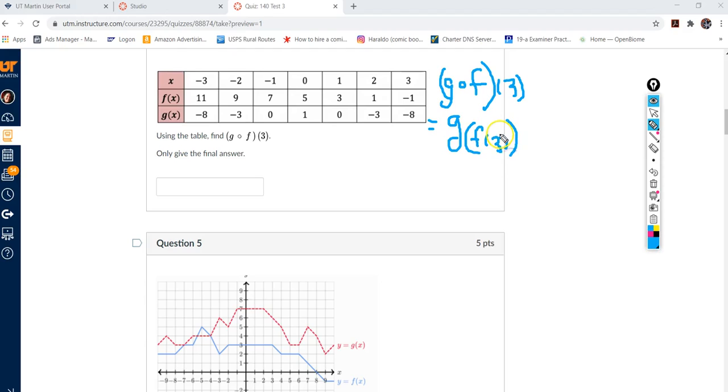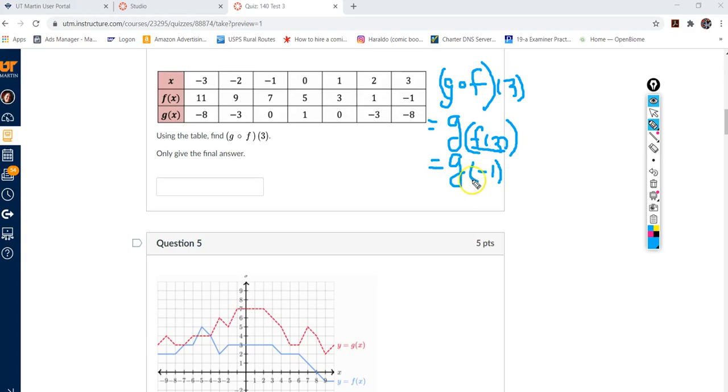Now, what is F evaluated at 3? Well, the number inside the parentheses is my x value. So when x is 3, F evaluated at 3 is -1 from the table. So I'm going to replace F of 3 with -1.